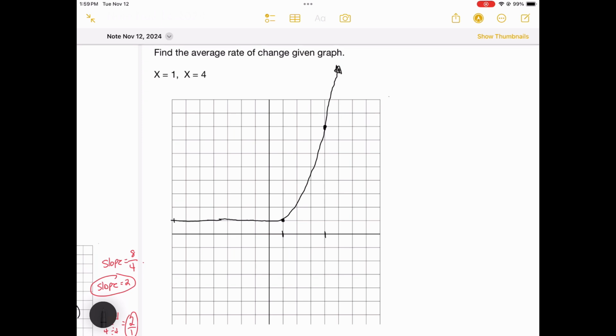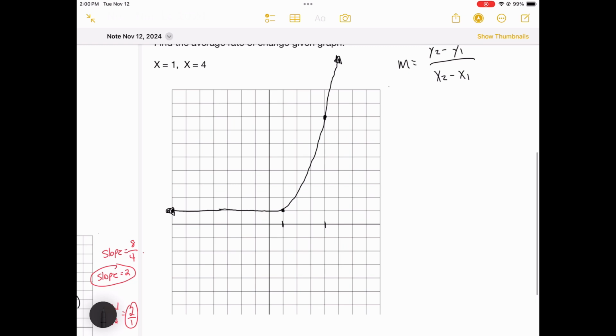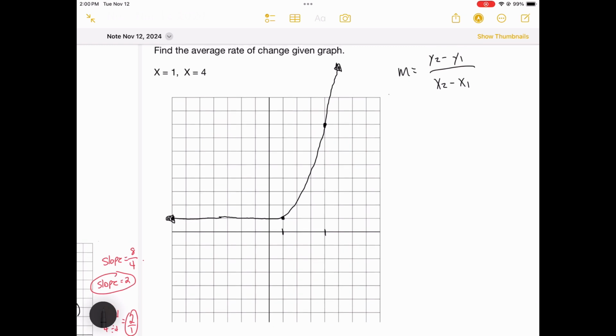So basically, all you're going to do is use the slope formula. And remember, the slope formula is y2 minus y1 over x2 minus x1. It doesn't matter what order you put your y's in or what you call y2 and y1, but you have to stay consistent with these, okay? So if I use the second point, I have to use that second point on the whole equation.